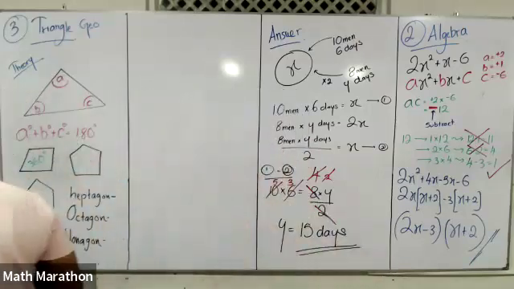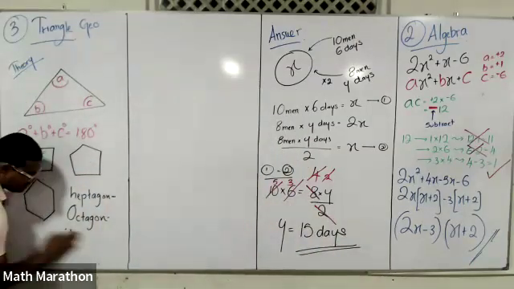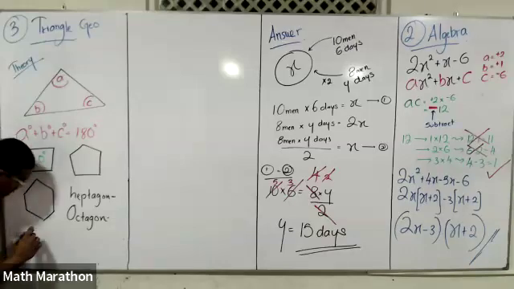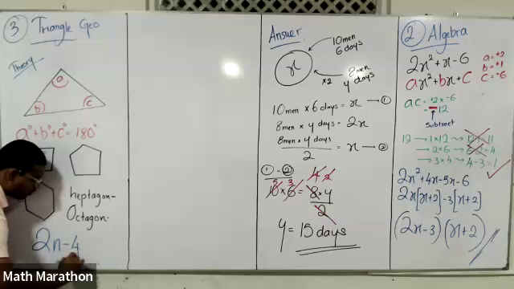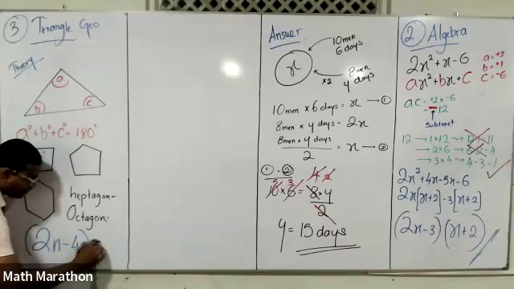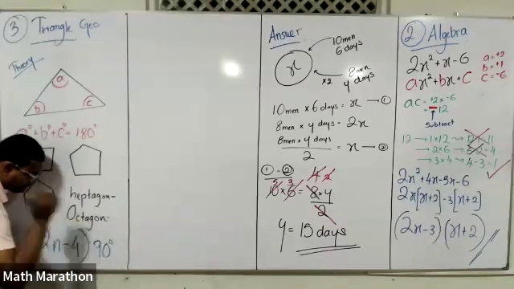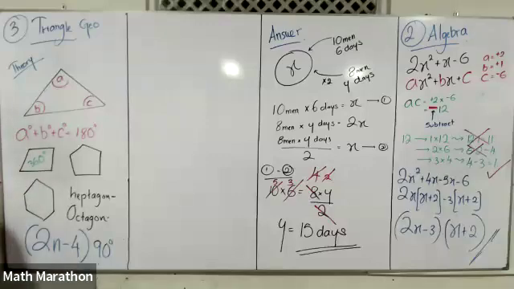For that, we have a certain formula: (2n minus 4) into 90 degrees. That is the formula.